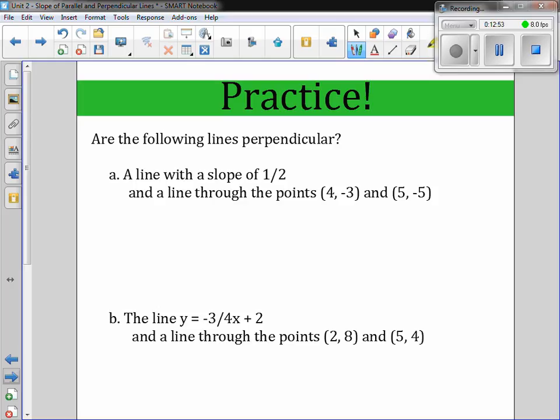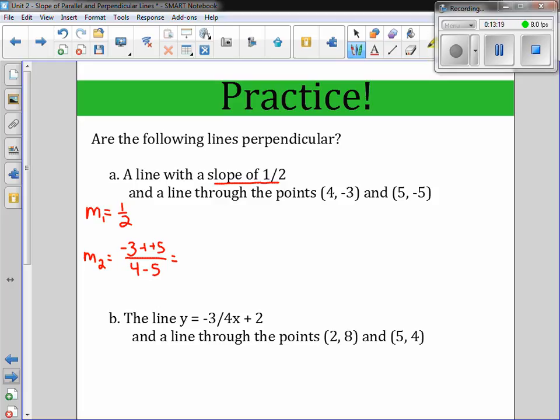Our first example has a slope given of 1/2. So we are hoping that our second slope is a negative and the reciprocal value. So we are going to find the slope of line 2 by using the slope formula. -3 minus -5 divided by 4 minus 5.